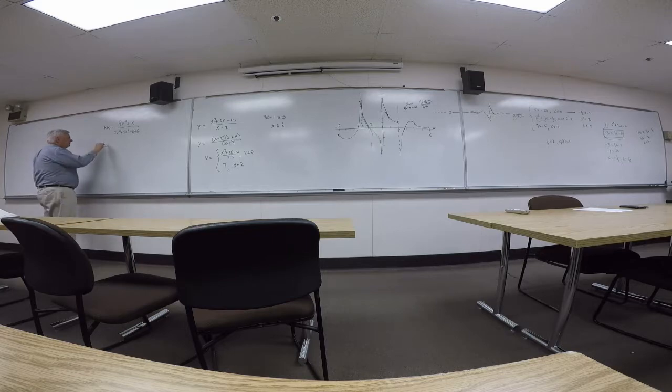The limit as x increases without bound of h of x is 9 halves. Limit as x increases without bound in the negative direction, h of x is 9 halves.